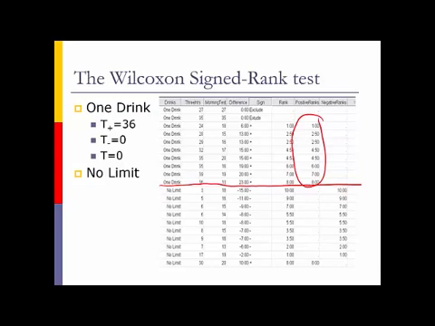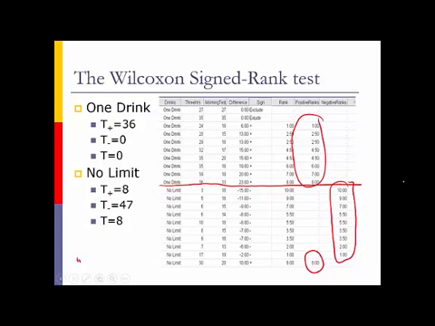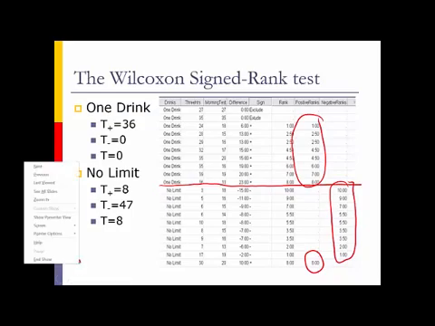So our test statistic is the lower of the two, so T is equal to 0. For no limit, we're going to do the same thing. T positive, we have an 8, and T negative, these add up to 47. We take the smallest of the two for the test statistic, so that test statistic is 8.